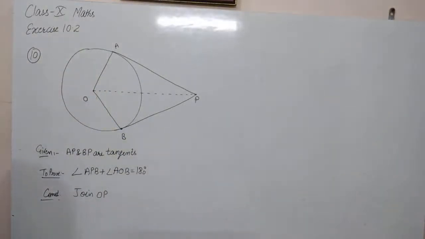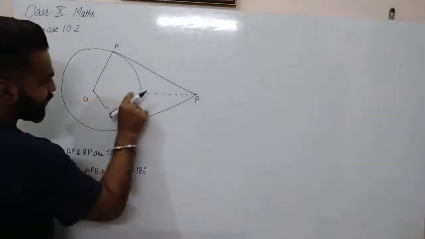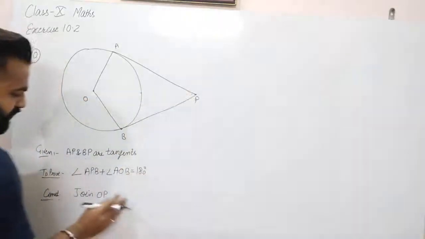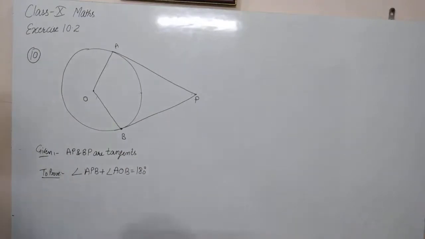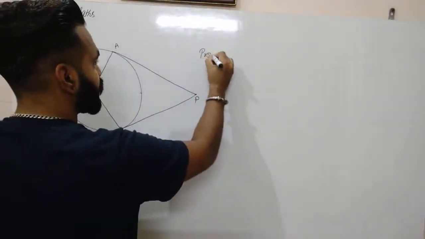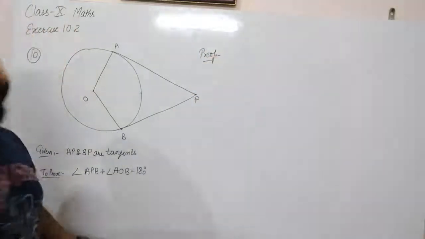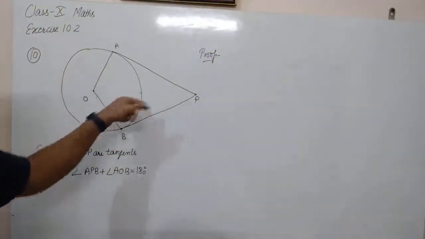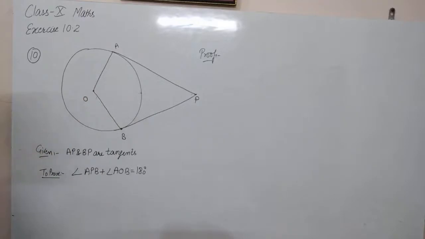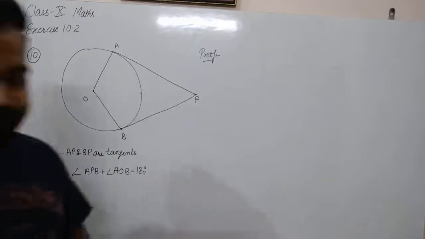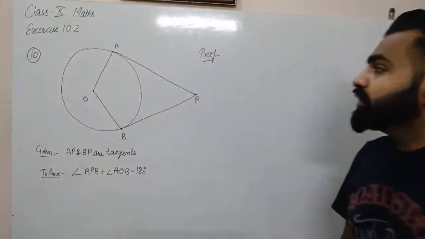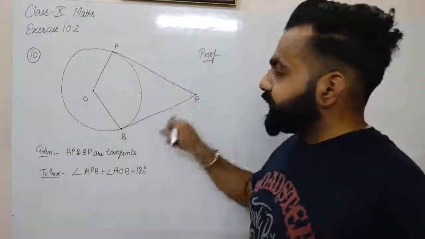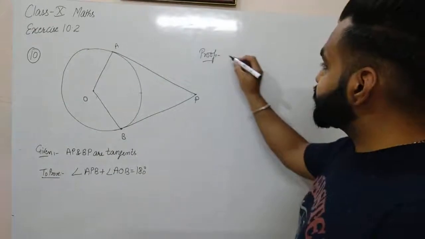So I think we don't need this construction part, we can also do it without construction. So let's start the proof now. We can either do it by dividing it in the form of two triangles and doing the angle sum property, or we can just apply the angle sum property in the whole quadrilateral. Clear? From here we can see that AP and BP are the tangents.